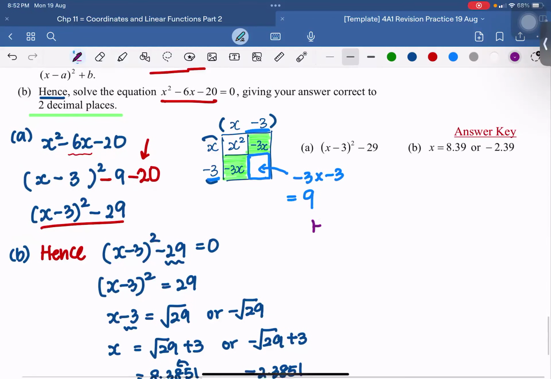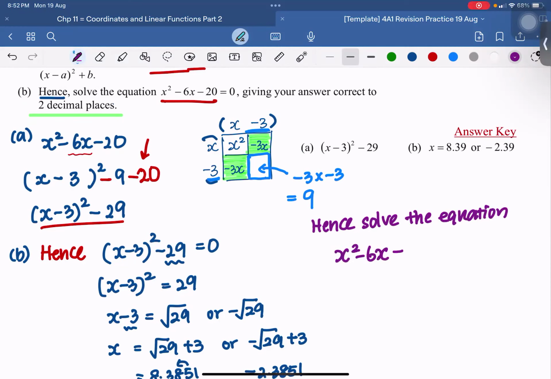If the question says, hence, solve the equation x squared minus 6x minus, what number can I put, maybe 22, equals to 0. How will you solve this? And the question says hence. How will you solve this question?